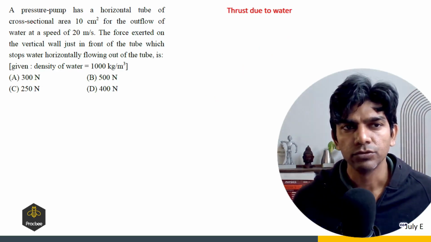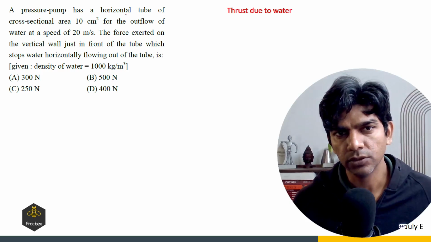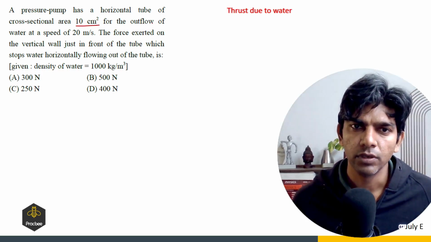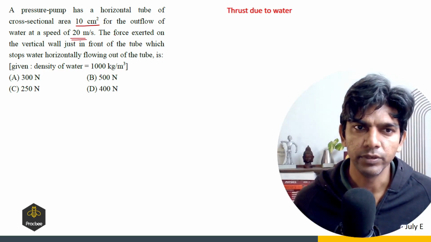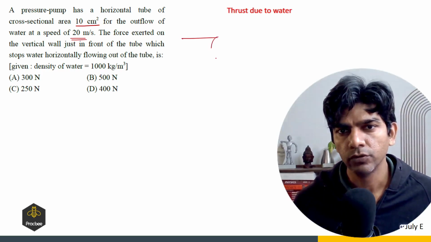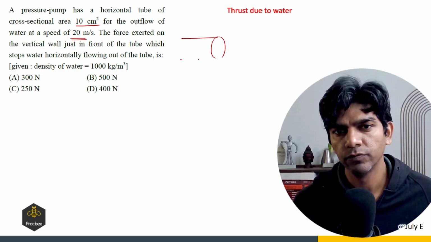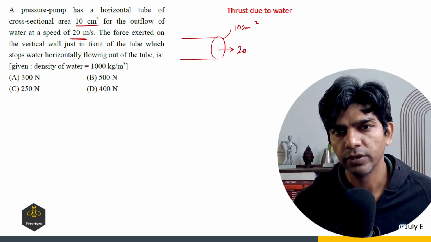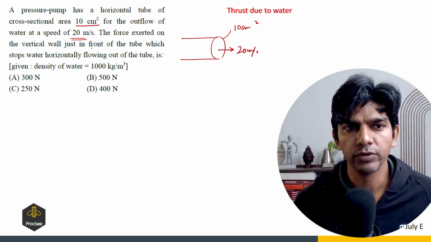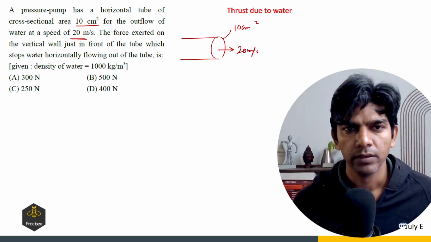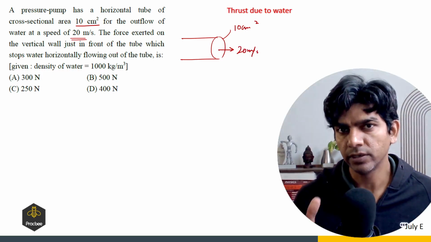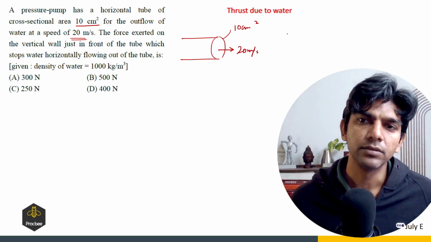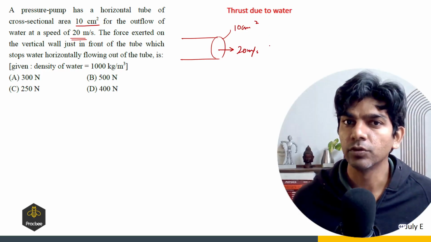Okay, let us see the next question based on the same concept. A pressure pump has a horizontal tube of cross-sectional area 10 square centimeter for the outflow of water at a speed of 20 meters per second. So there is a tube which has an area of cross section 10 square centimeter, and the fluid is coming out with 20 meters per second. The force exerted on the vertical wall just in front of the tube, which stops water horizontally. So when it stops water flowing horizontally out of the tube, in that case the force experienced by the wall will be rho A v square.